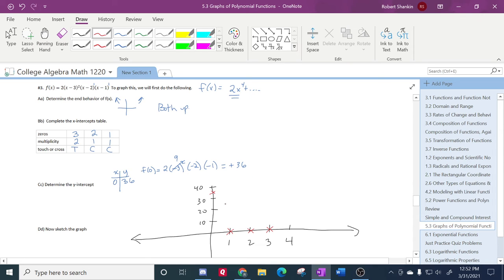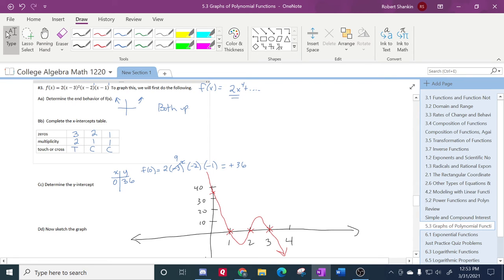Now, let me show you how to do this wrong at first. The wrong way to do this would be to go whipping through here, whipping through here, whipping through here. How do I know that that is wrong?